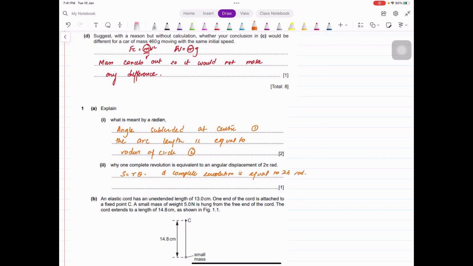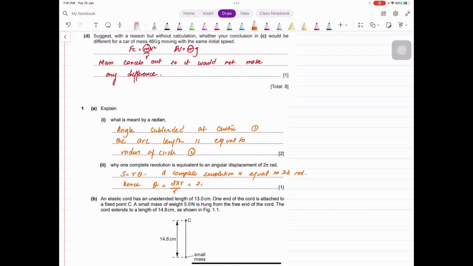Do you guys understand this? Hence, we would say that theta, if you take the complete circle, the arc length is 2 pi r, that's the circumference, and then you divide by r.